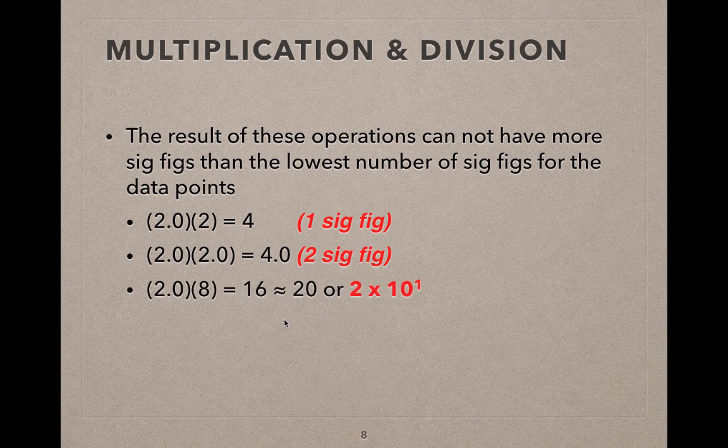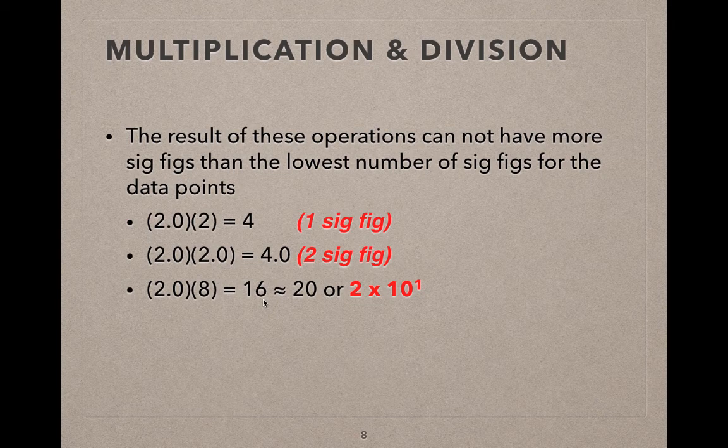And this is one that's a little bit more tricky. We have 2.0 times 8. Again, our lowest number of significant digits is, I'm sorry, just 1 for the value of 8. And so our final answer can have no more than 1 significant digit. Well, when we multiply 2 times 8, we get the value of 16. That has 2 significant figures.